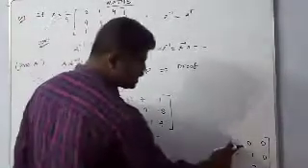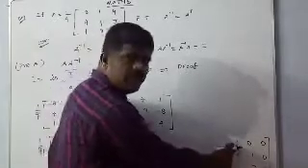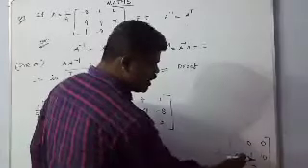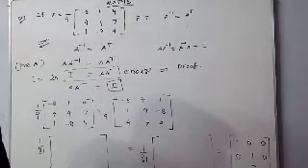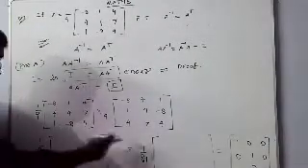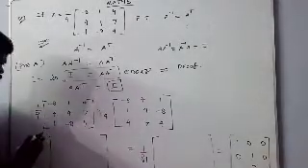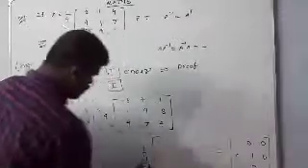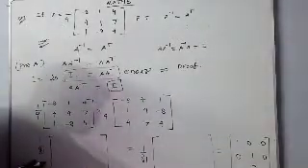Suppose the matrix will be an identity matrix. What value will come? 81, 81, 81. Take the 81 outside, and the 81s will cancel. So that's why I can write this type of sum. You did not multiply these two. 1 by 81 here, 1 by 81 here.